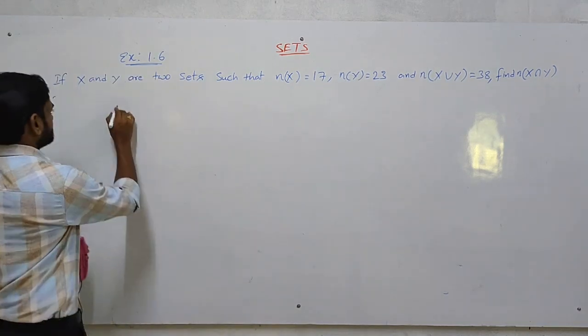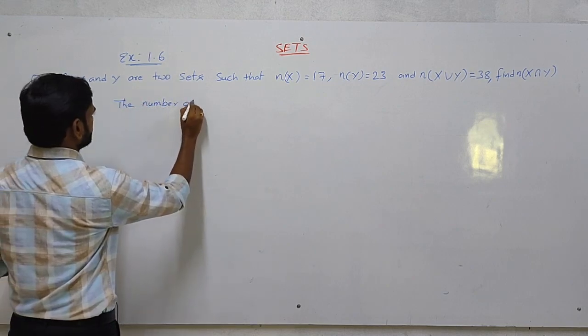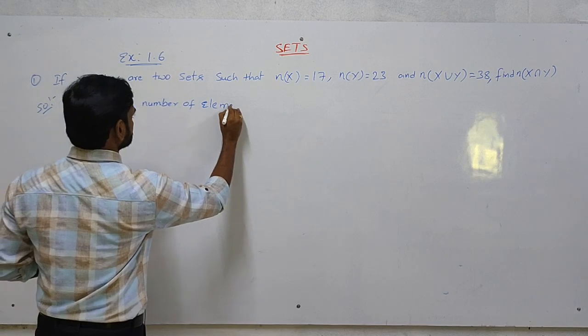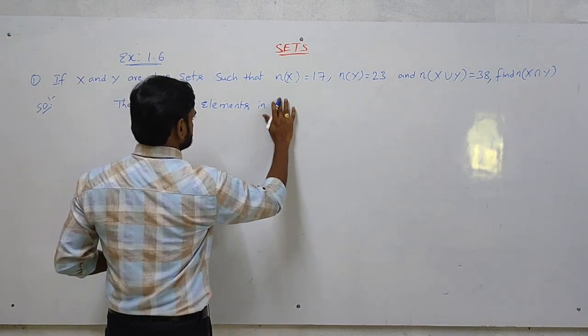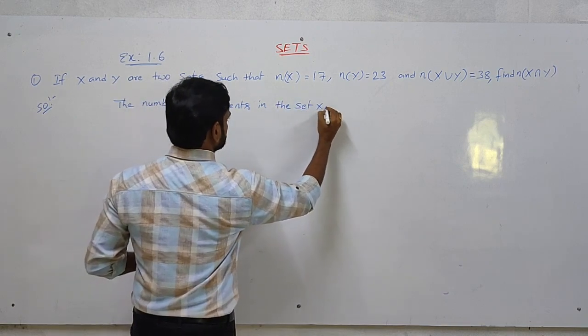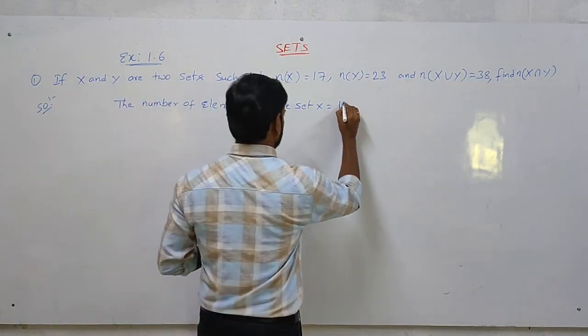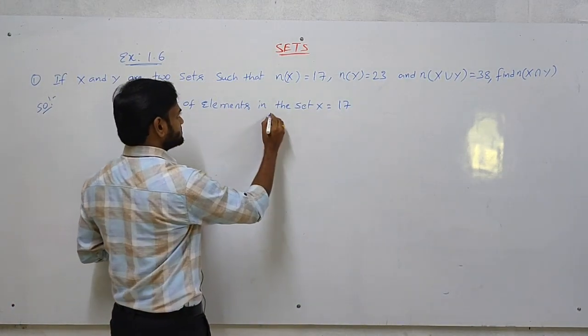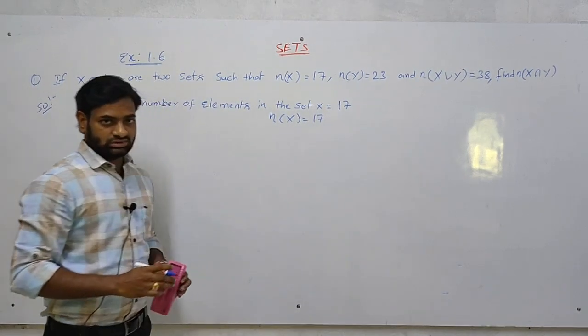That means the number of elements in the set x is 17.